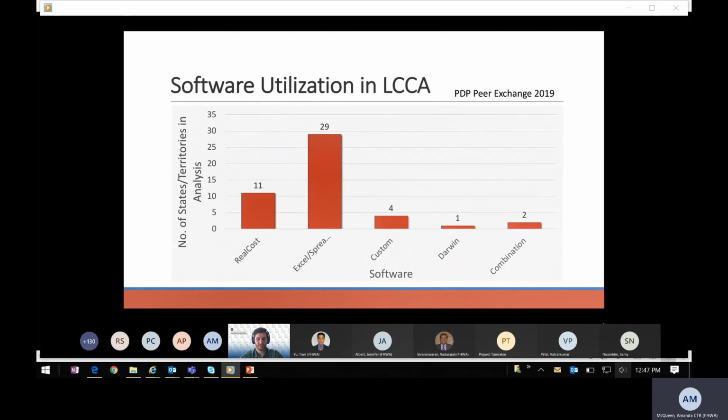But as this chart states, many states are obviously very comfortable using Excel, and that's actually great because Real Cost is also an Excel-based tool. Now, a few states have customized tools specific to their program policies, which can be represented by the combination category. And some states utilize tools in the other various category. Next slide.